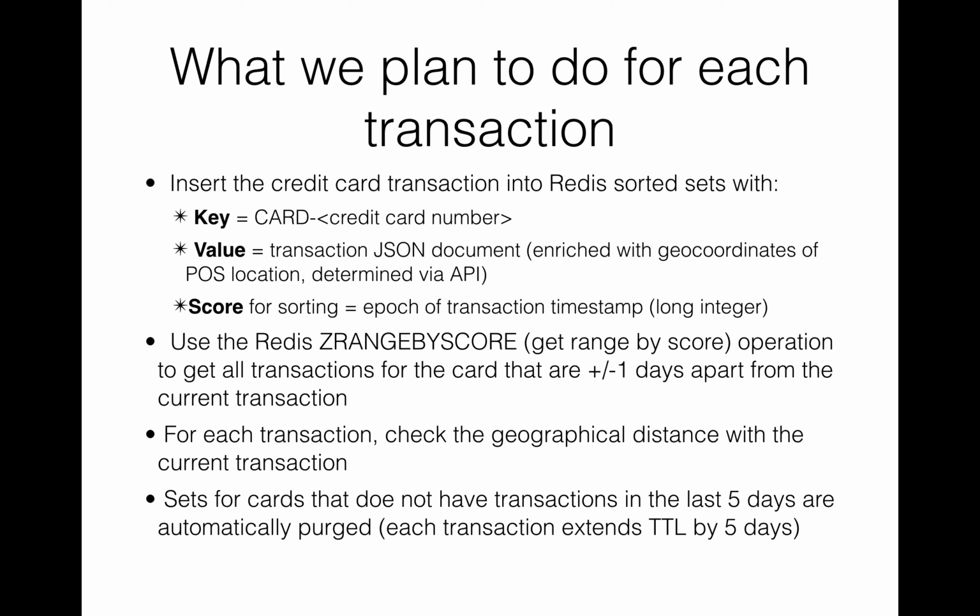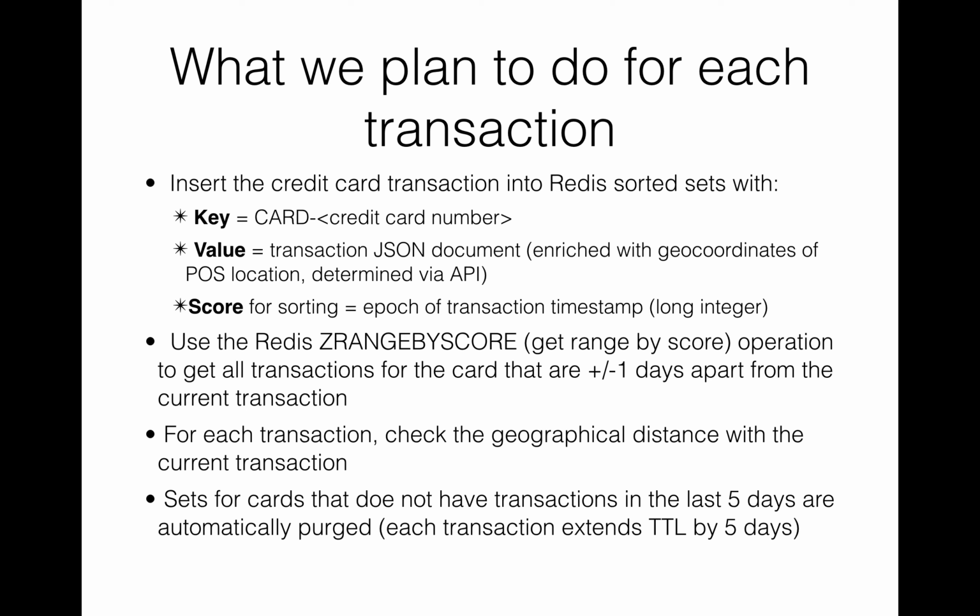So there will be one sorted set per credit card, and into that sorted set we put all the transactions for that credit card within a certain time, of course, because if there are no transactions for some time, we want to expire the sorted set and purge it.